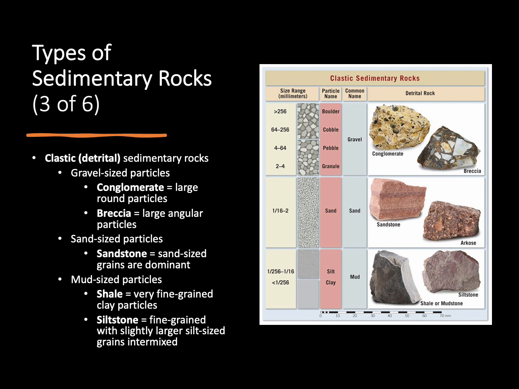So if we're looking at mud-sized particles at the very bottom here, we can have shale or siltstone. So siltstone is very fine, but shale is like very, very fine clay particles. So with each of these, whether we're looking at gravel, sand, or mud, we're going to be able to give this sedimentary rock a very specific name.